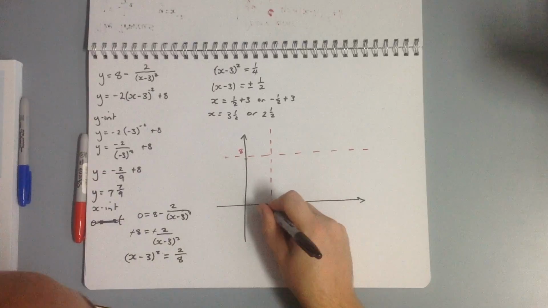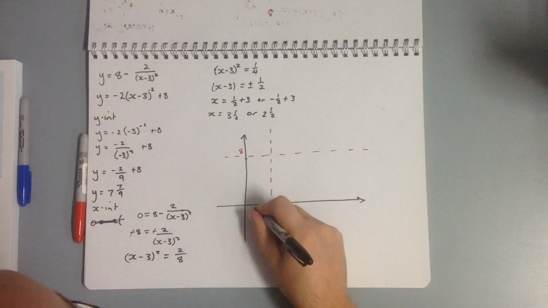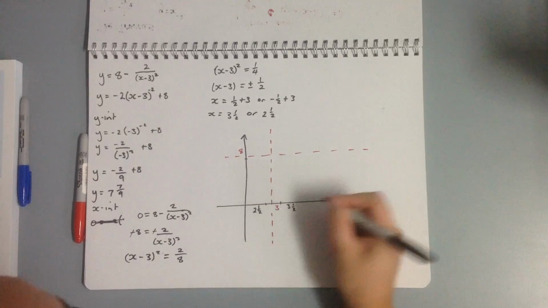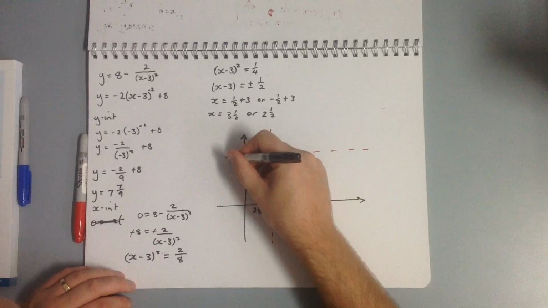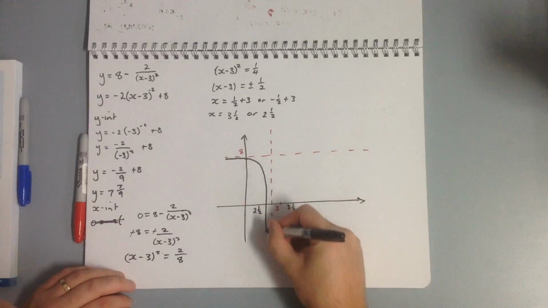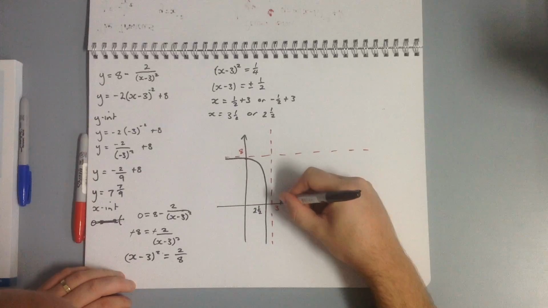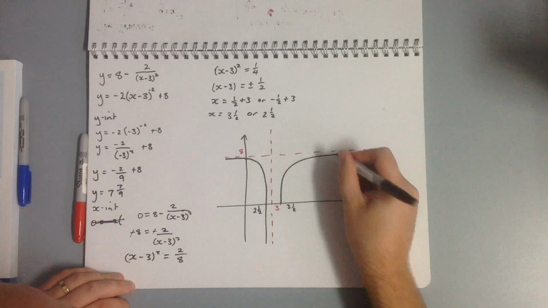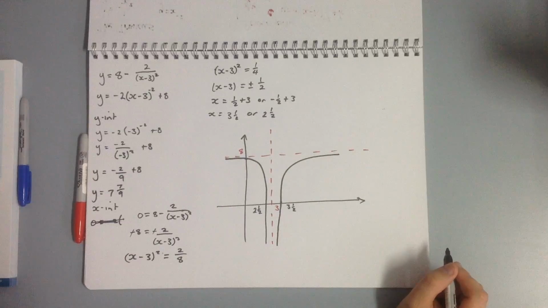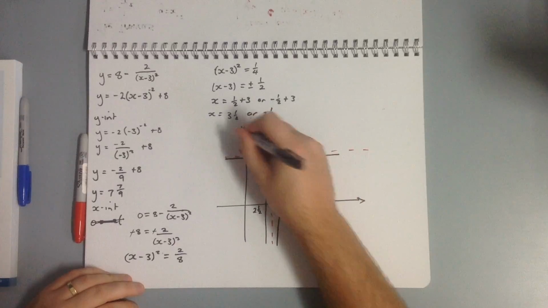And we've got an x-intercept at 2.5 and one at 3.5. So now we can sketch our graph. So we'll look something like that, with our axes labelled.